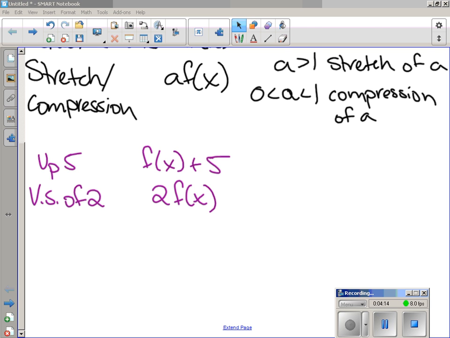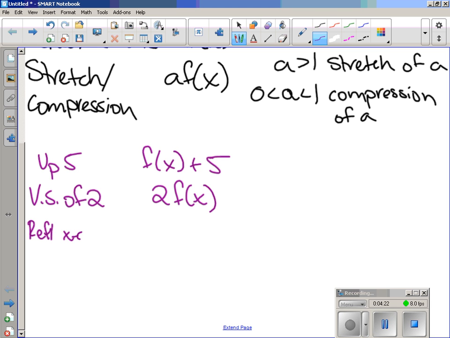Now if I wanted to do a reflection across the x-axis, it's just going to be negative f of x every time. Now I can combine these and do a couple of transformations in one. Say, for example, I want to do a vertical compression of 1/2 and move the function up 1. Then it would look like that.